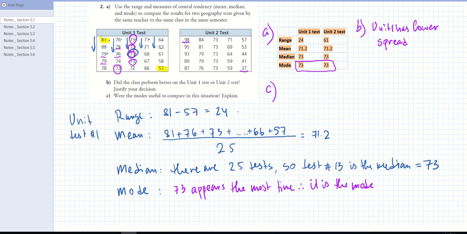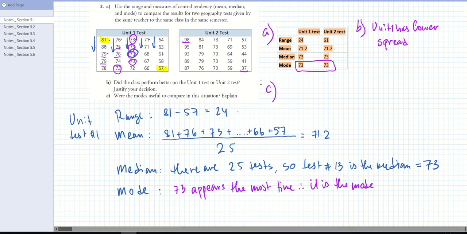But if you are looking to see what the most frequent score was, for example from the perspective of a teacher, then it might be useful. So it depends on how you interpret this data. As a teacher, I would find it useful to see that most students are getting 73%. And if you're just looking as a statistician and you want to know the difference between the two, then it's not going to help you because they're the same. So again, it depends how you look at it.